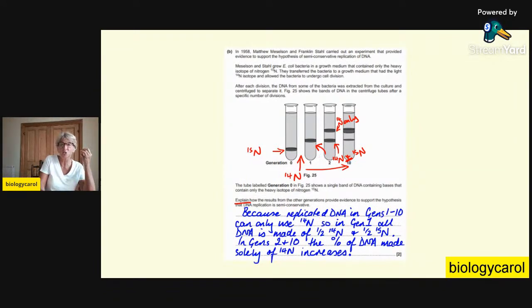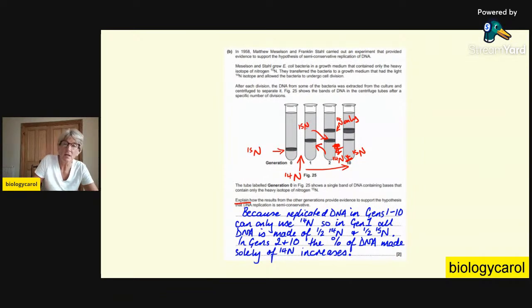Because replicated DNA in generations 1 to 10 can only use 14 nitrogen. So in generation 1, all DNA is made up of half 14N and half 15N, because there is only one band, that's all the DNA, and all of that DNA is made up of half 14N and 15N. Sorry, this diagram isn't correct. This is 15N DNA.